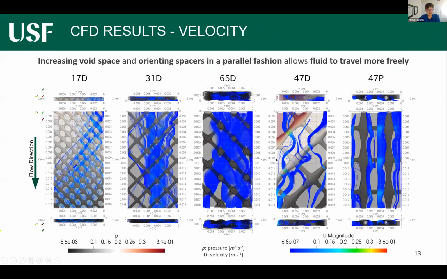Yeah, so there are a couple of different geometric differences. These ones are more of a diamond shape, but this one is more of a parallel shape. That was one of the trends that we really found: the ones that had a more regular, consistent geometry, like the 31D, ended up getting more transport across the membrane, a higher JW, because it provided more opportunities for the water to go across the membrane because there are more barriers.